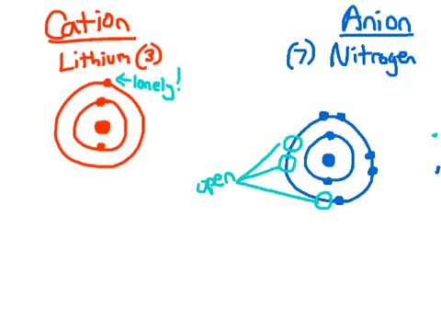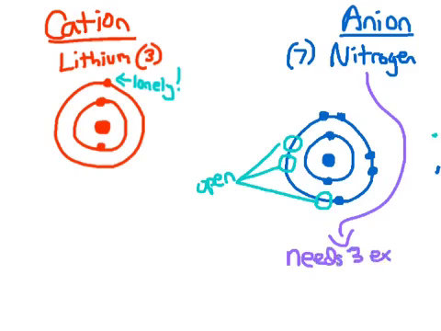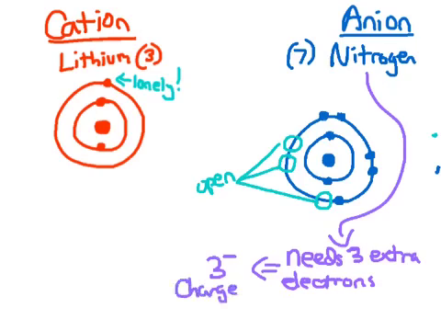Nitrogen needs 3 extra electrons in order to fill up its little happy 8 electron shell. If it gets 3 extra electrons, remember it's not getting any more protons, so it's going to give it a 3 negative charge. So nitrogen likes to form a 3 negative charge because it got 3 extra electrons.